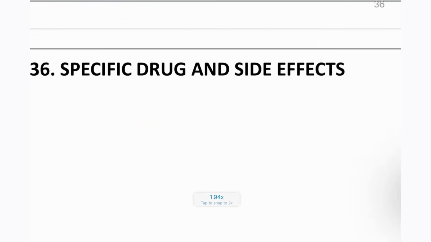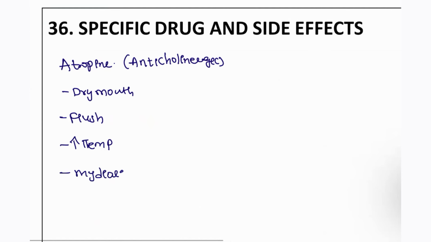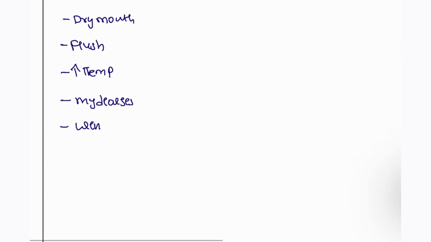First, we are going to discuss atropine. Atropine is an anticholinergic, so it shows anticholinergic effects. What are those effects? Dry mouth, flushing of the skin, hyperthermia with increased temperature, mydriasis, dilatation of the pupils, and urinary retention.